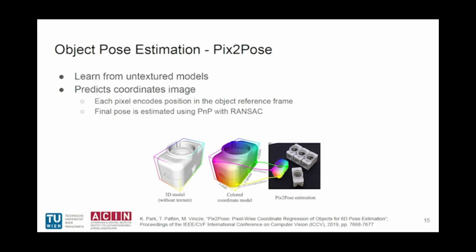Once you do that, that gives you directly a dense set of correspondences between the points in the scene and the reference object model. That means you have correspondences between points in a 2D image and their 3D position in the reference model.